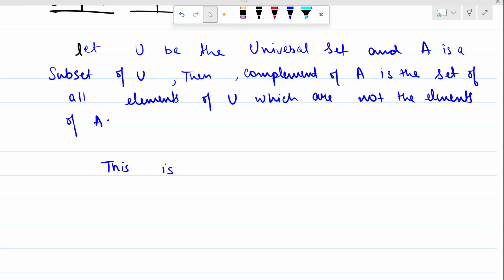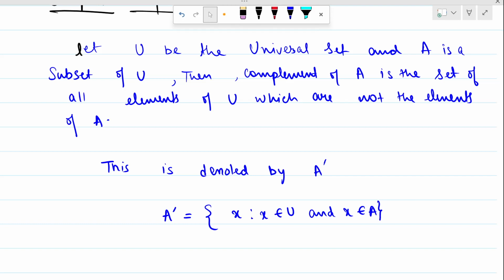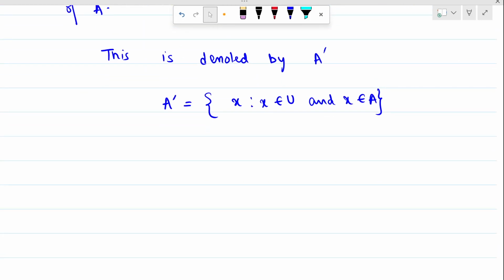In set builder form we can write it as follows: x belongs to U, the universal set, and x does not belong to A. So mathematically A dash is equal to U minus A.